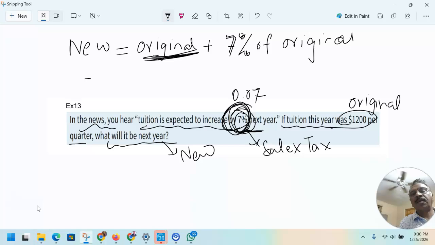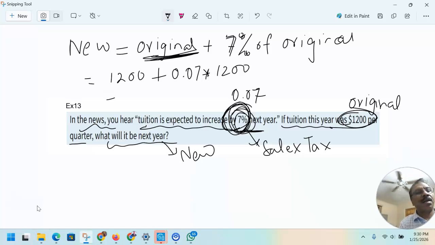So basically it is 1200 plus 7%, which is 0.07, times the original, which is again 1200. If you work this out, you end up getting the answer 1284. So this piece is put into the calculator.